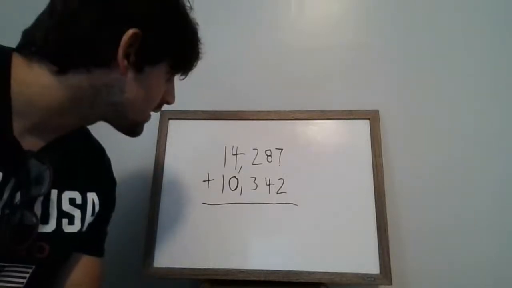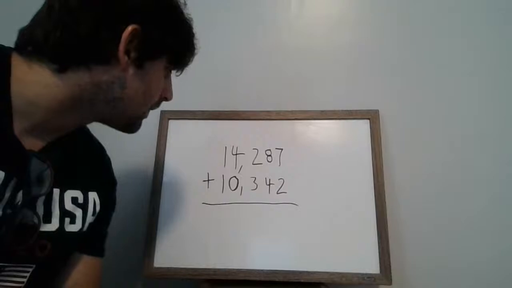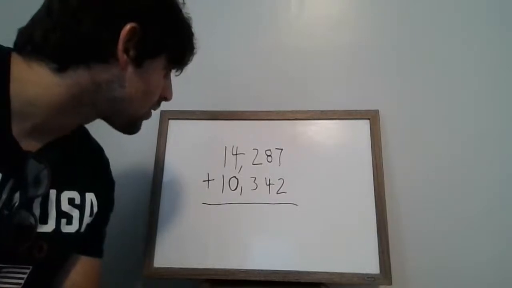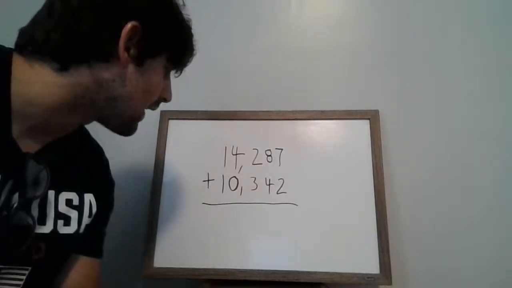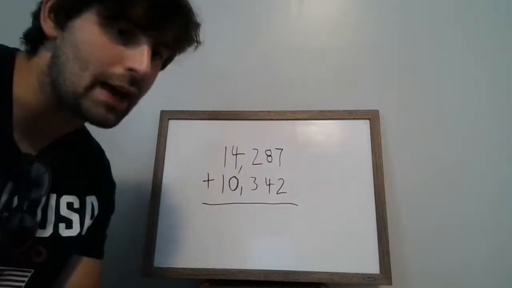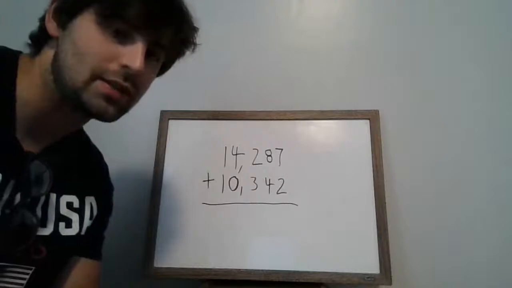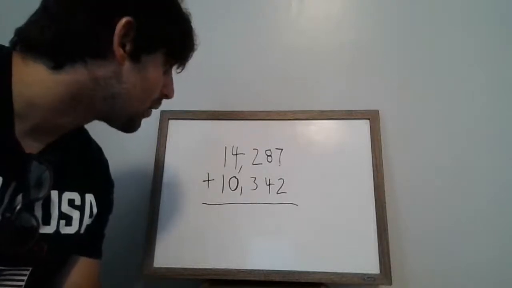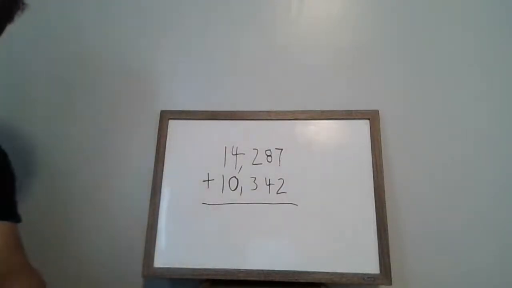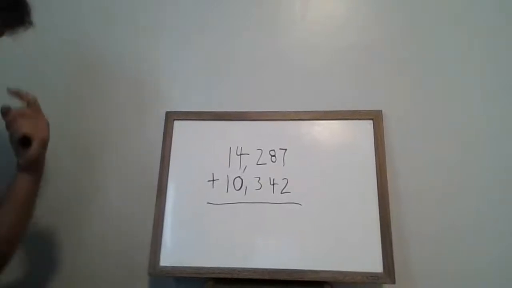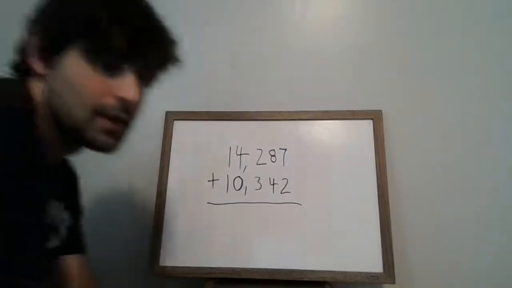The only difference is that there's a few more steps, and we have to check the place value within more numbers. We have to look from the ones place all the way to the thousands place to see if regrouping is required.